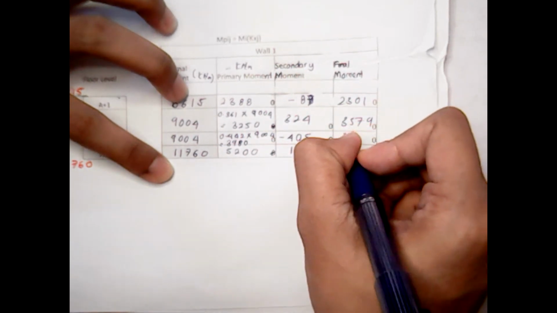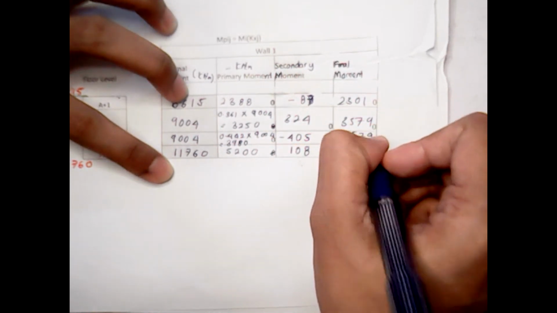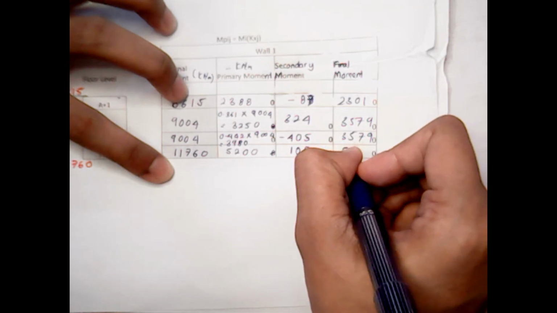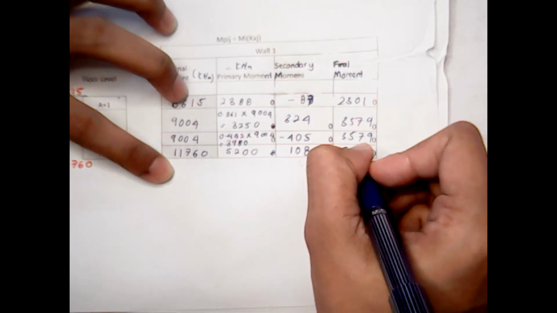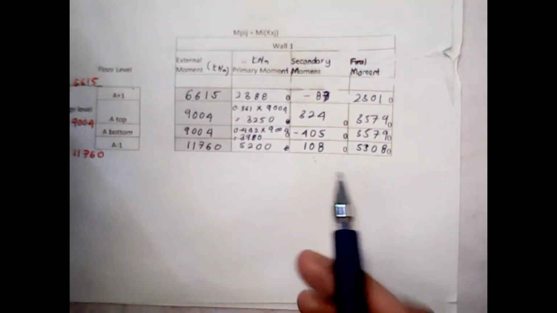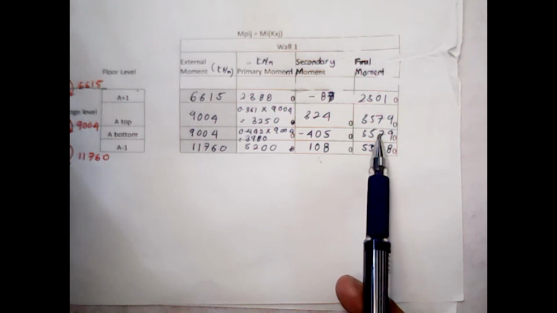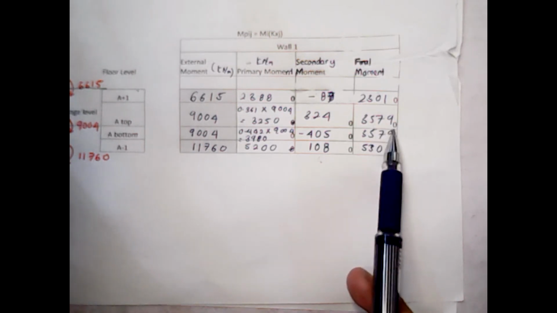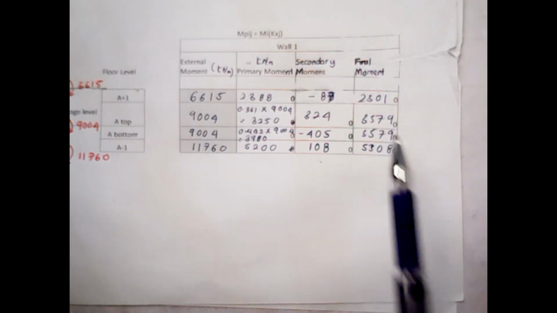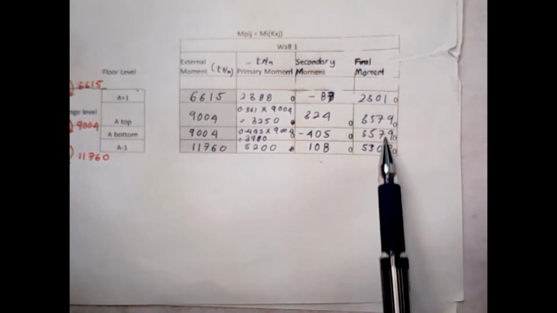Here also 3579, and here is 5308. The key thing is that you need to make sure that at the change level it must be in equilibrium, meaning that the upper moment and lower moment, when you sum up at this change level, must be 0. So finally you get the final moment.